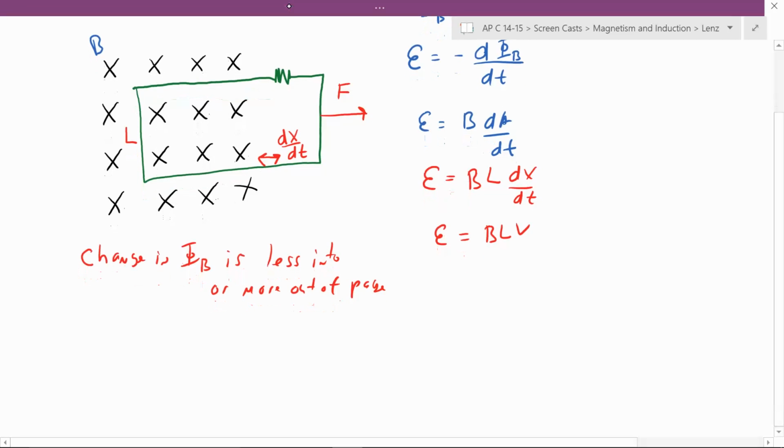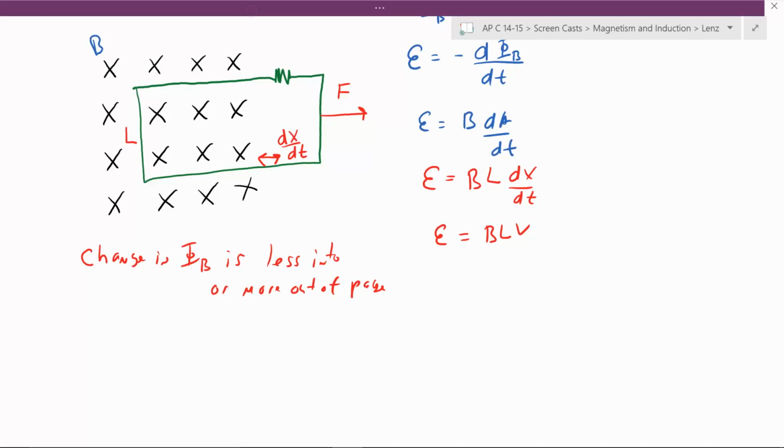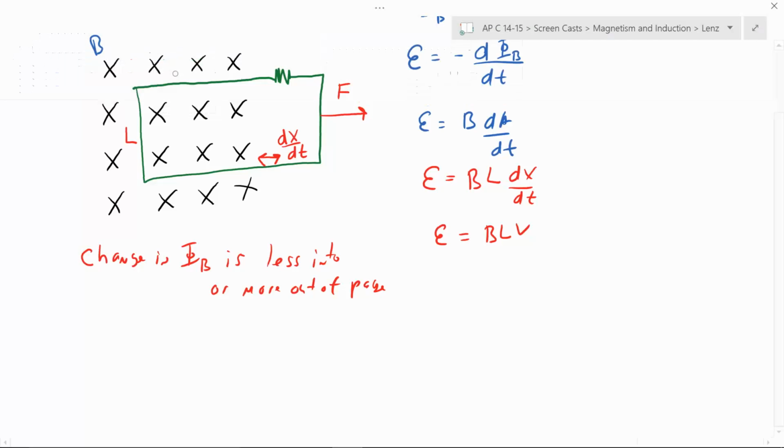So what we need is our induced magnetic field to oppose that. If it's coming more out of the page, we actually want an induced magnetic field that is going into the page as well. To make that happen by a right-hand rule, we're going to have current going around clockwise.